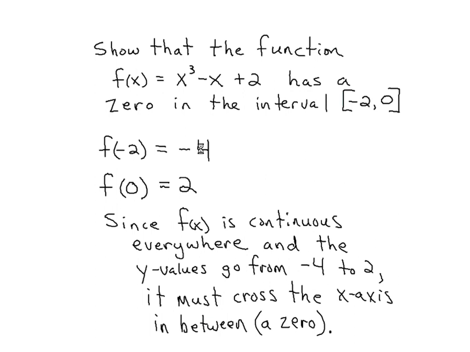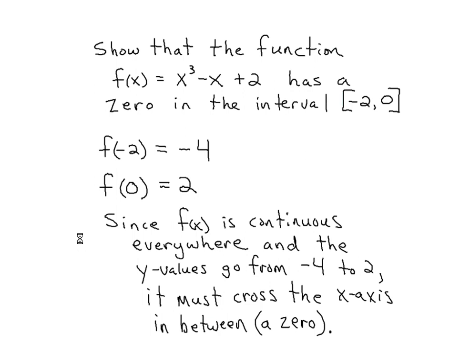It must go from below the x-axis and work its way to above the x-axis. And because it's continuous and you can't lift your pencil, it's going to have to cross the x-axis at some point in time on its journey. And we call that a zero. So crossing the x-axis, we call that a zero of a function. And it's important in many fields that use math to find where a function equals zero.